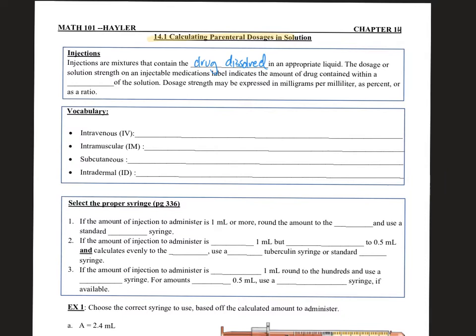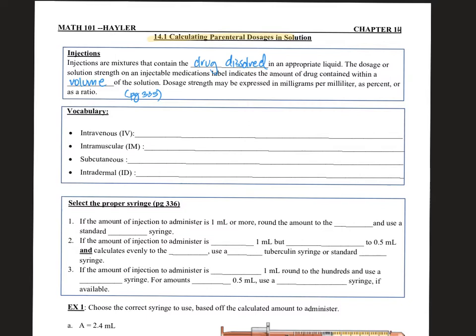The dosage or solution strength on an injectable medication label indicates the amount of the drug contained within a volume of the solution. Dosage strength may be expressed in milligrams per milliliter, as a percent, or as a ratio. And this can be found on page 335.